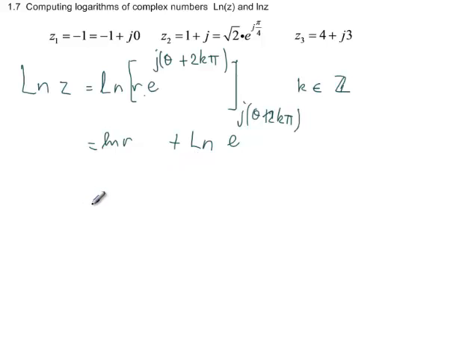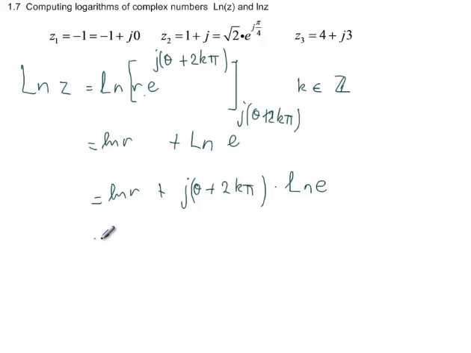So what I'm going to do now, I'm going to say ln r plus j theta plus 2k pi in brackets multiplied by ln e. And here I can maybe change it to a capital letter E, but it doesn't matter. But this ln is a base e of e. That's one, isn't it?